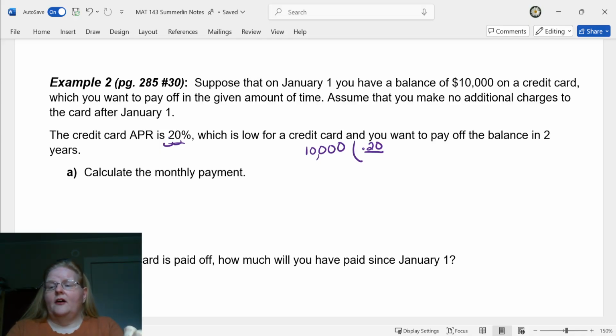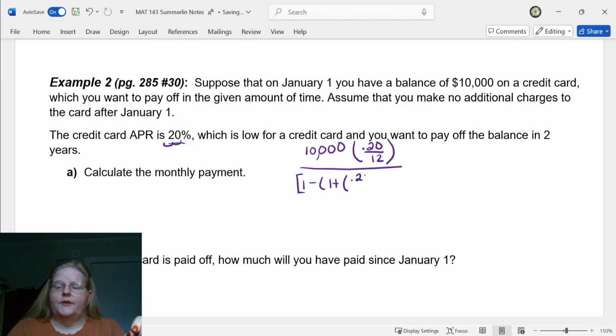And you want to pay off the balance in 2 years. We're going to make monthly payments, so that's 12. That's what the N is now, how many payments you make. P over 1 minus 1 plus 0.20 over 12, close.